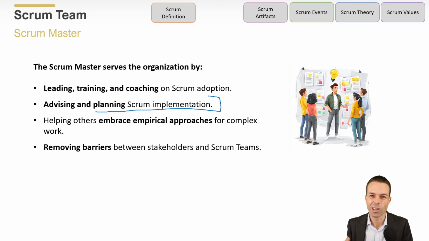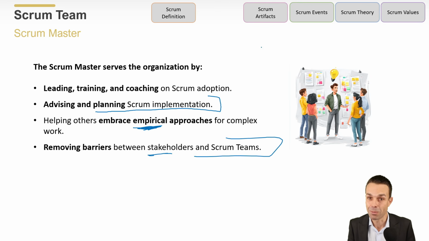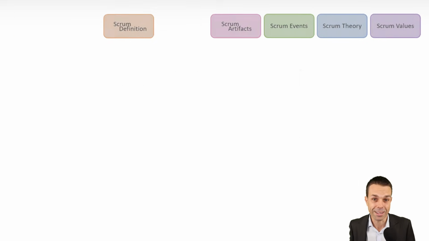So, as you can see, a lot of coaching here on Scrum. They help others embrace empirical, there's that word again, empirical, which means real, delivering real things, empirical approaches for complex work, and removing barriers between stakeholders and Scrum teams, remembering that we're bringing people into the team if we can or if we need to.